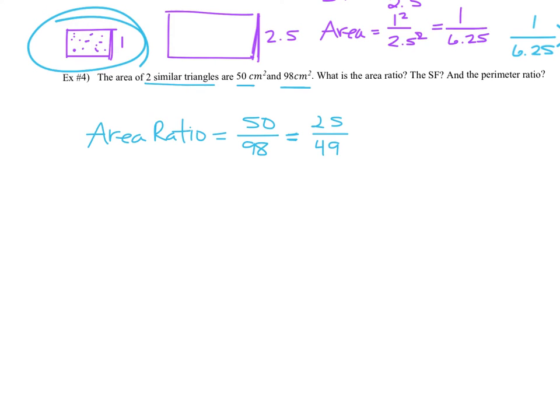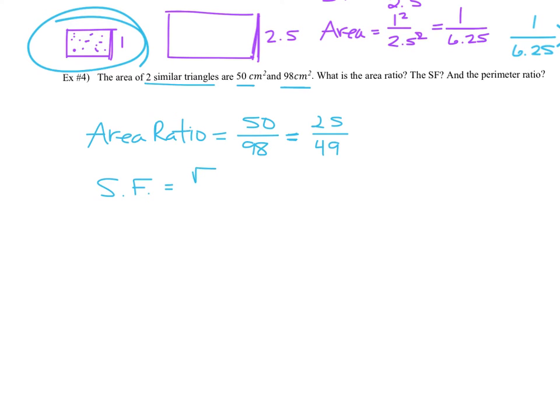So what has happened to the scale factor to get us that number? It's been squared, okay? So something has been squared to get us the area ratio, which means if I'm at an area ratio and I want to go to the scale factor, what do I have to do? Square root. You have to square root it.